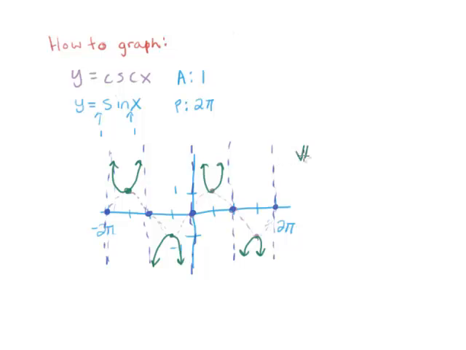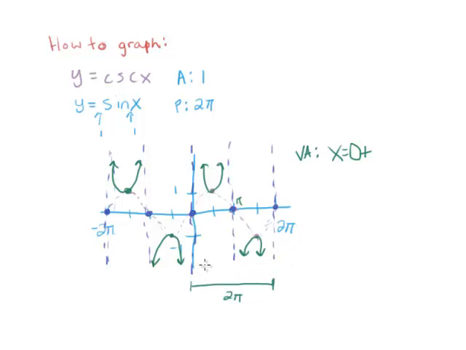Now for our vertical asymptotes, we pick an asymptote like, let's say 0, or we could pick here in the middle is pi, or we could pick 2 pi. We pick one of them, and then we add to that how often we are going to have an asymptote. Well, the period is 2 pi, and just like if you watched the secant video, the asymptotes are going to happen twice each period.